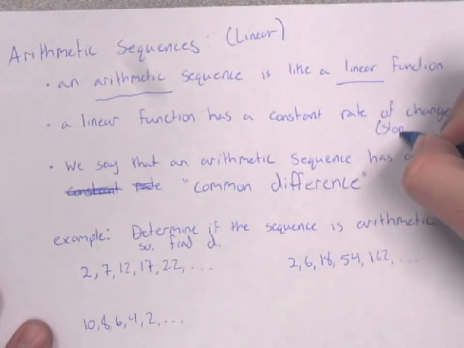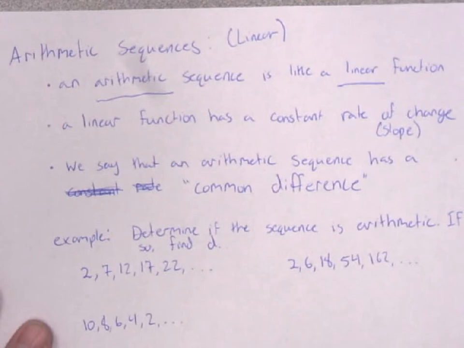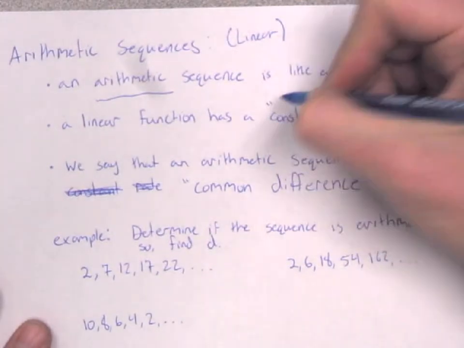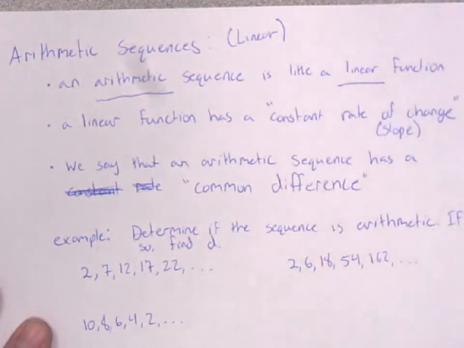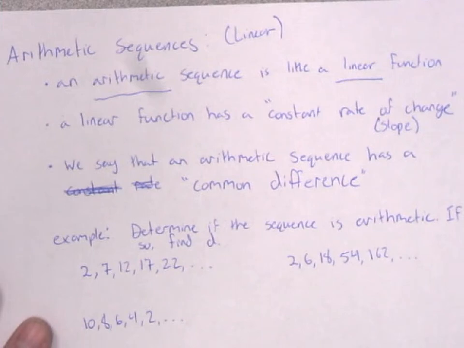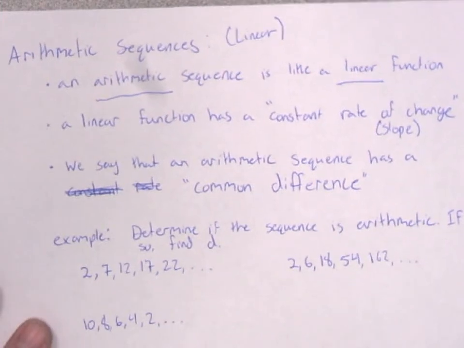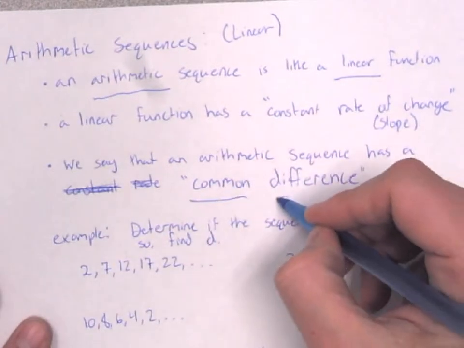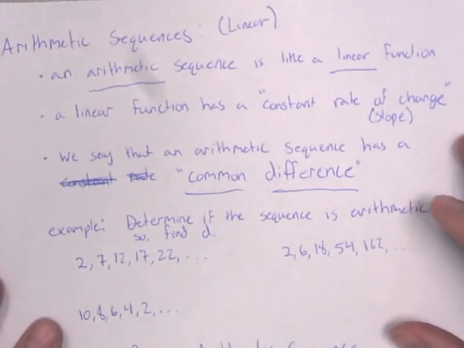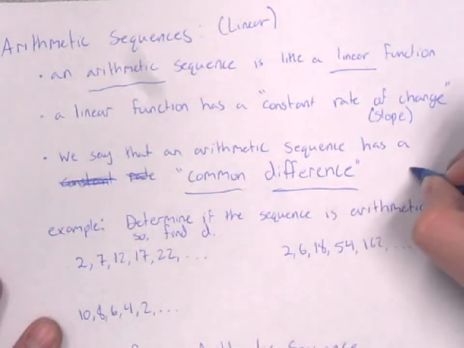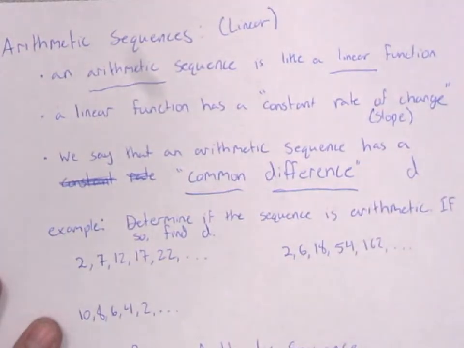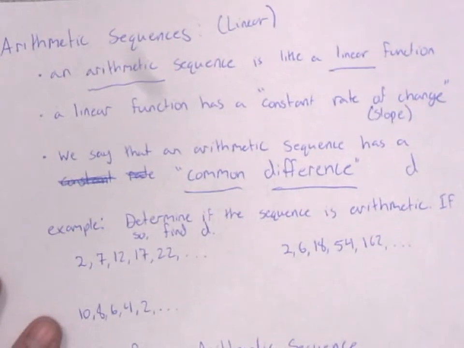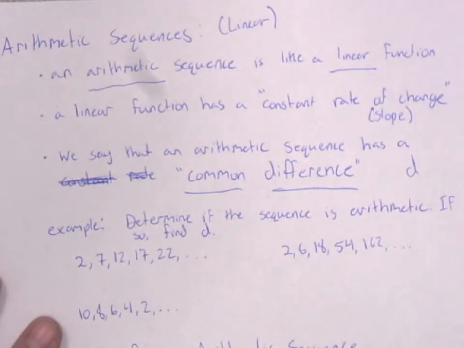That's the wording we use when we're talking about functions or graphs. In a sequence we use a little different language, but it's the same idea: we say that an arithmetic sequence has a common difference. The variable we use to represent common difference is d, for difference. So we're looking for a linear pattern, the constant rate of change. We just don't use those words. We use the words arithmetic and common difference.